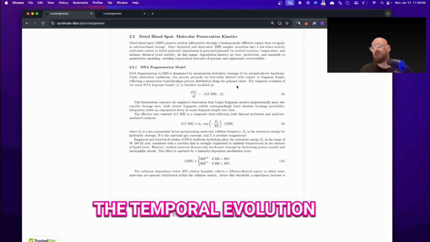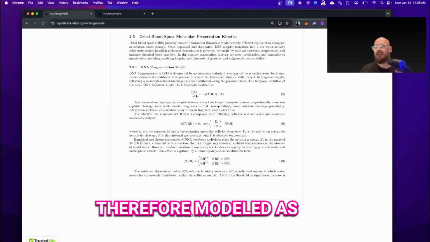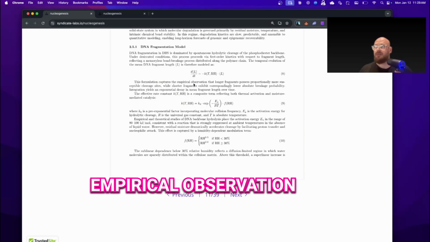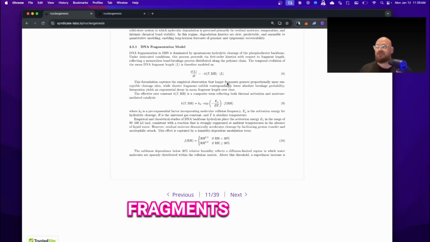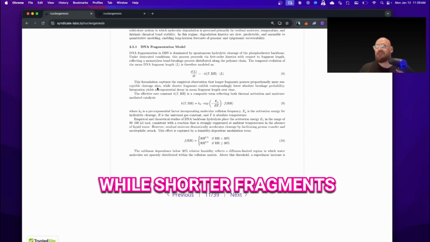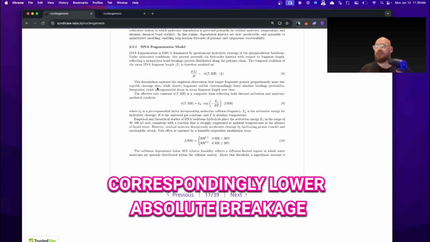The temporal evolution of the DNA fragment length is therefore modeled by this equation. This formulation captures the empirical observation that longer fragments possess proportionally more susceptible cleavage sites, while shorter fragments exhibit a correspondingly lower absolute breakage probability.